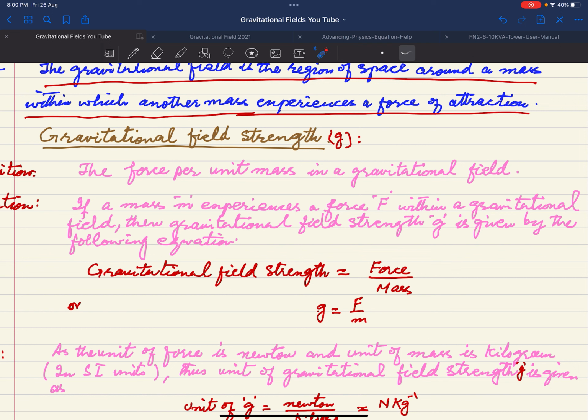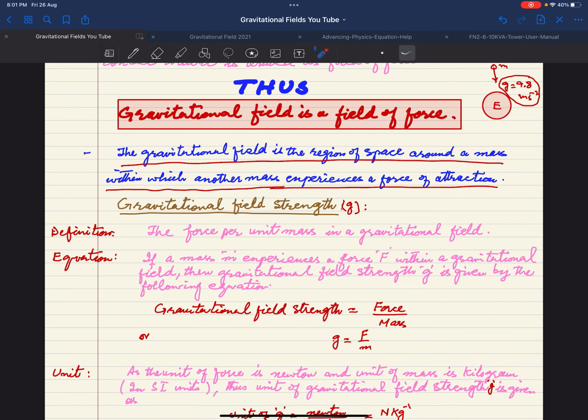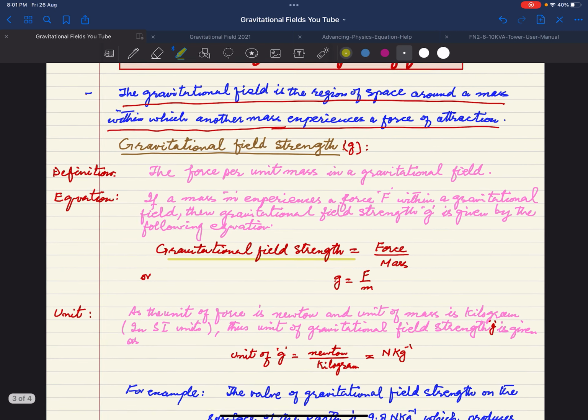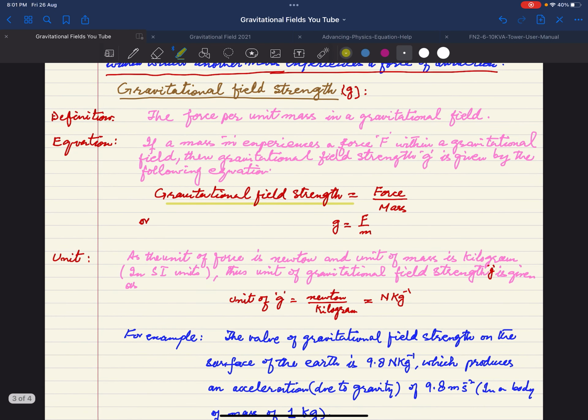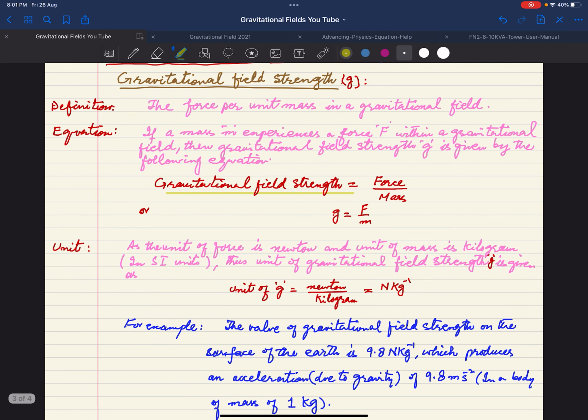So this is very important to remember, that the representation of gravitational field strength is G, and you know that we have been using G for the acceleration due to gravity as well. So remember this acceleration due to gravity is because of a force which is gravitational field strength, and this is 9.8 Newton per kg.